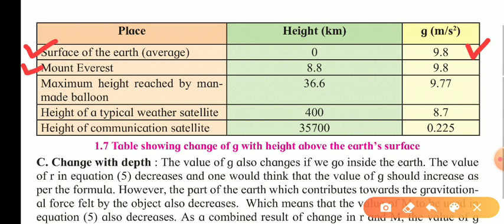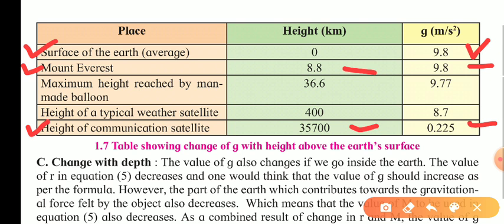Then Mount Everest, which has a height of almost 8.8 kilometer, has a value of almost 9.8, because 8.8 kilometer is nothing if we compare it with the radius of Earth. In the same way, see the last one, the height of a communication satellite, which is almost 35,700, and the value is 0.225.